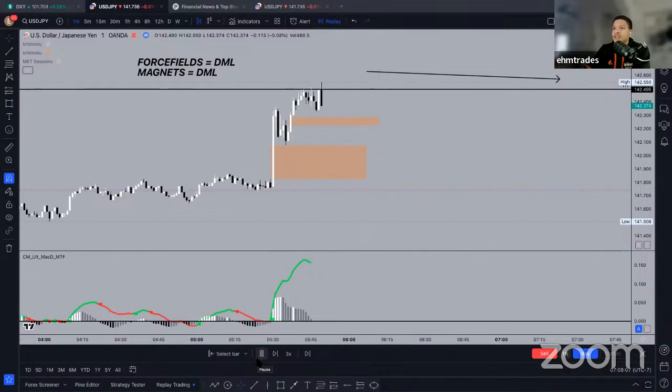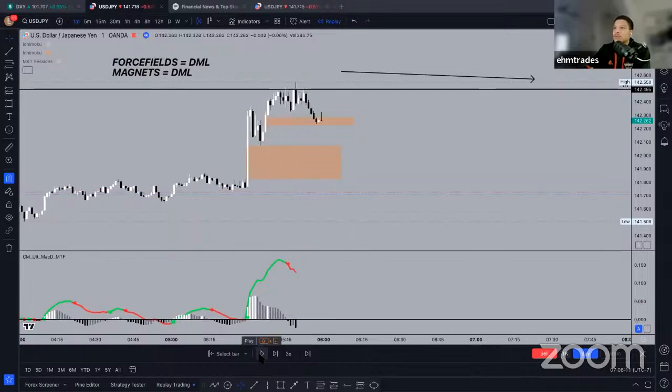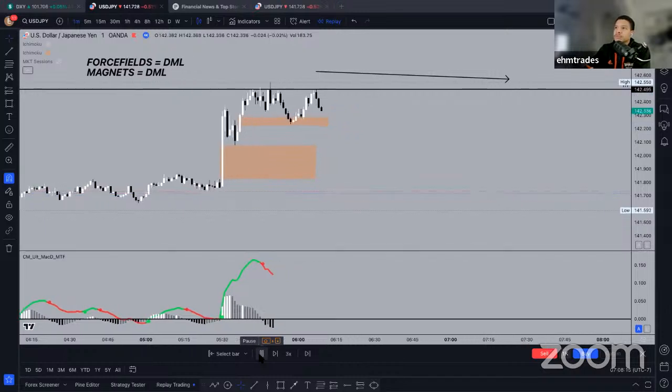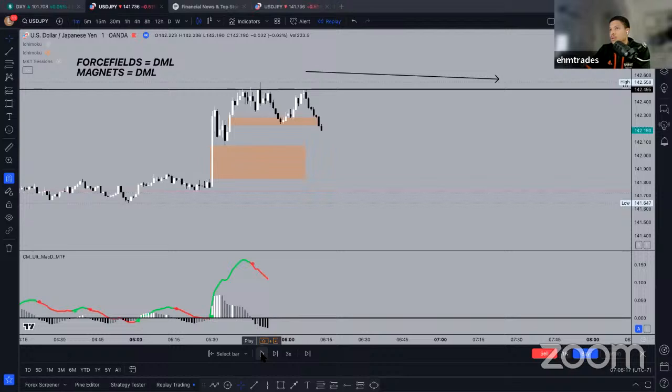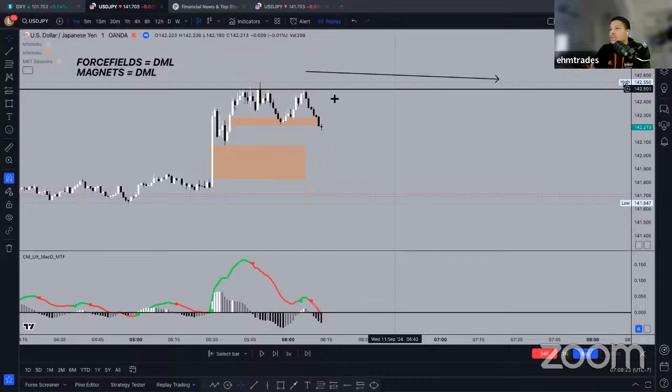Two areas of inefficient price action. One area gets filled. The force field nature of this decision making level still gets respected. The communication of our MACD with our volume still highly accurate, right? We see the sell off.